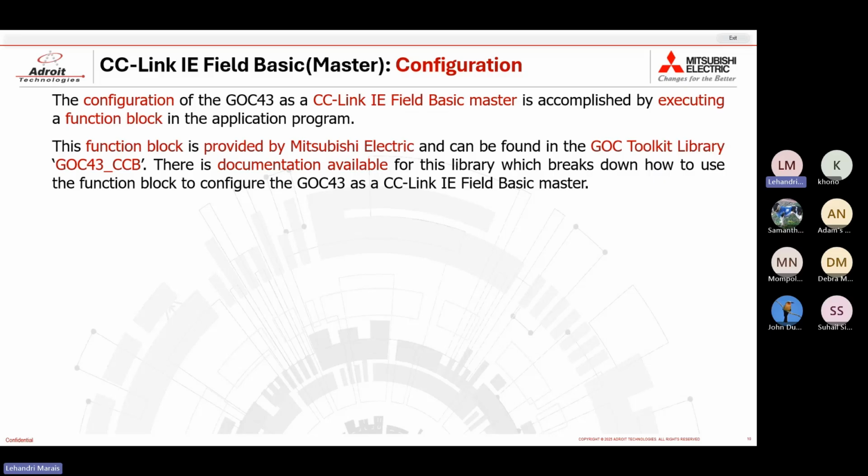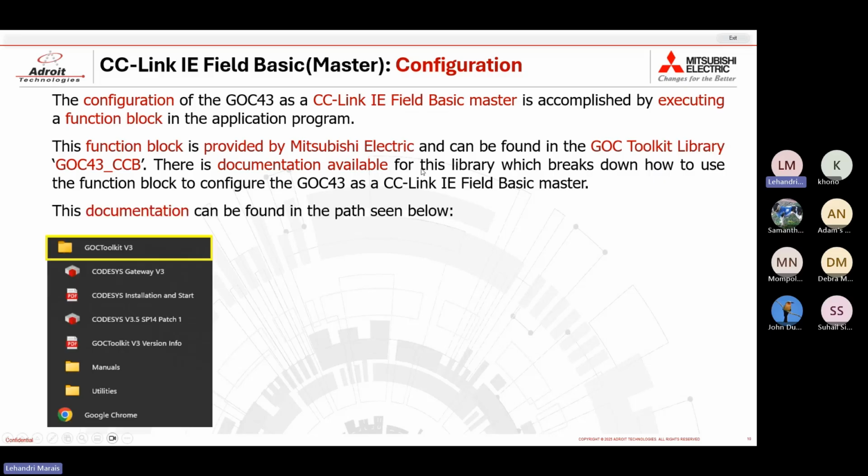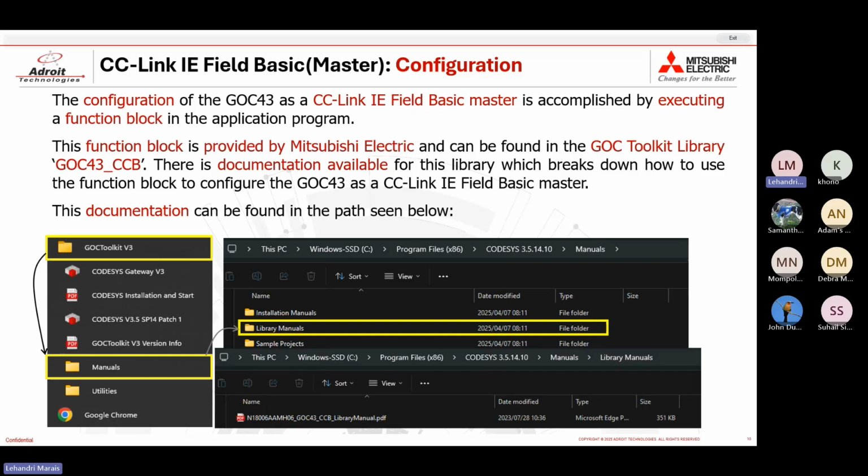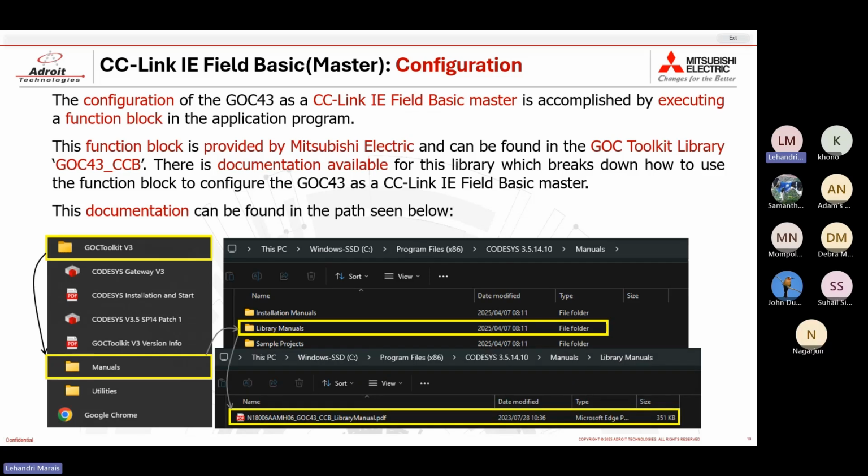There's documentation available to explain how this library or function block works. And to find the documentation, you can look in your GOC toolkit folder, which you can see here.